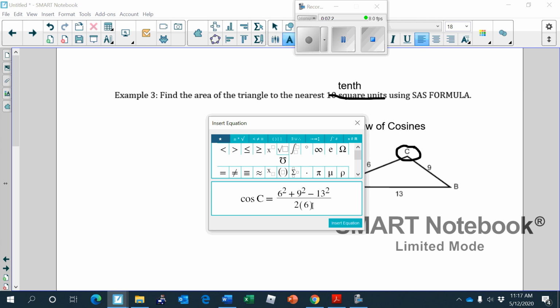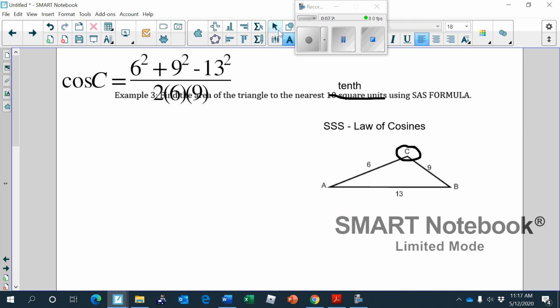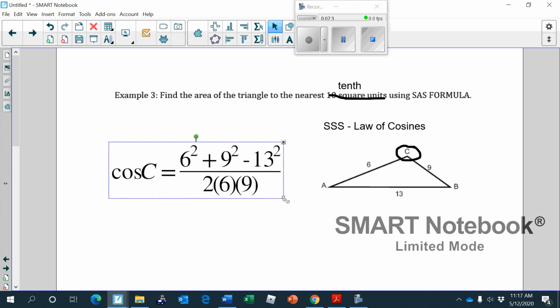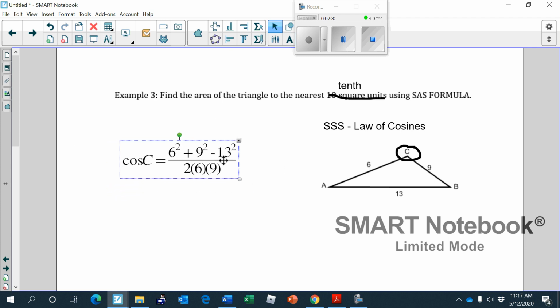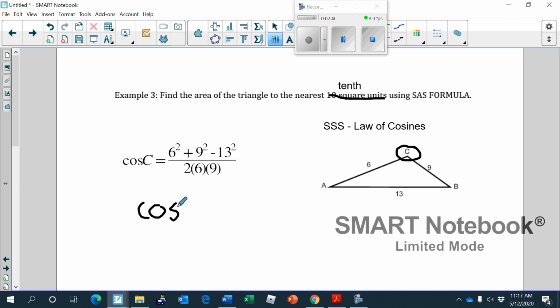It doesn't matter how you do it. Let's throw that in your calculator. And remember, what do we have to use because we're trying to find the angle? Excellent, we have to use the cosine -1. So throw this all into your calculator and find the angle whose cosine is that.